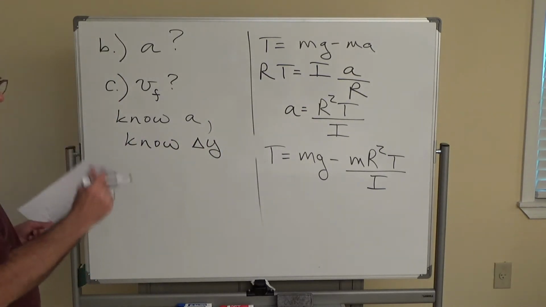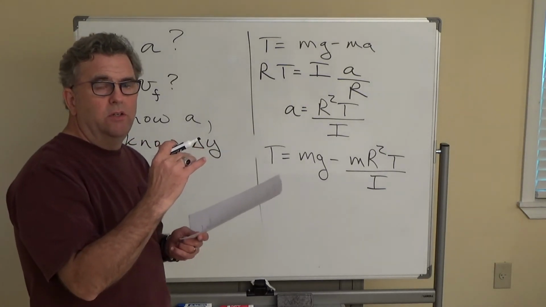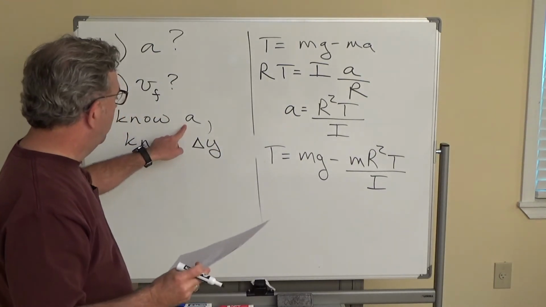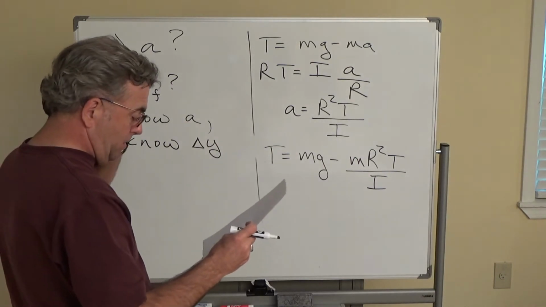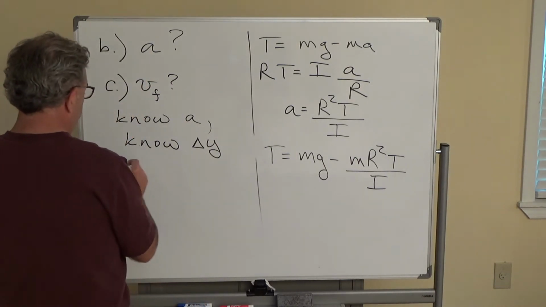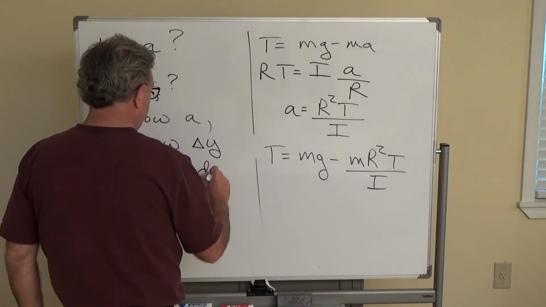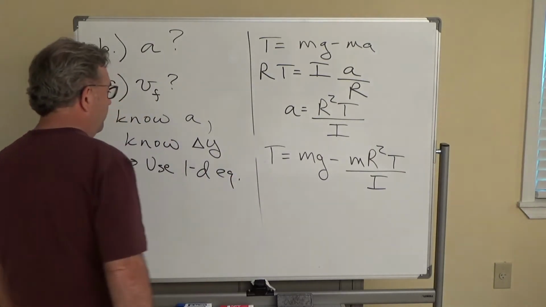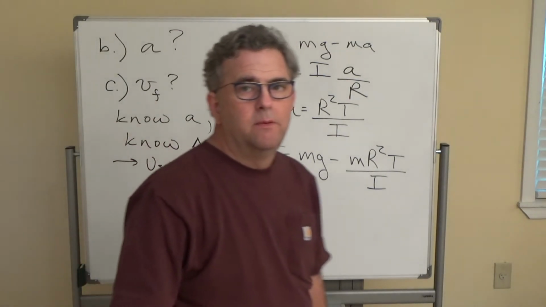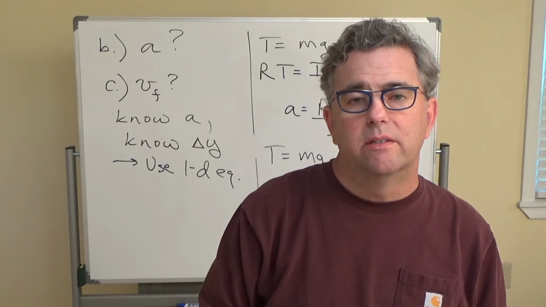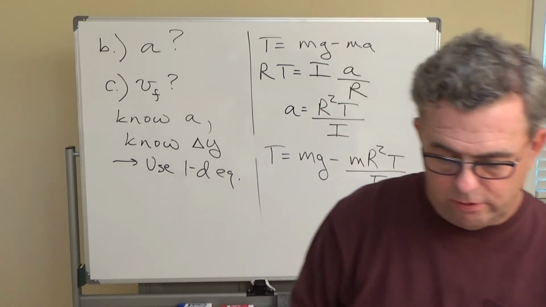That was h. You're using 1D motion, it's falling, you know the acceleration, you know the distance. Use 1D motion. You know the initial velocity. The initial velocity is 0. It starts from rest.